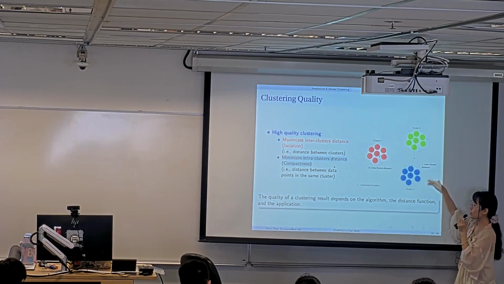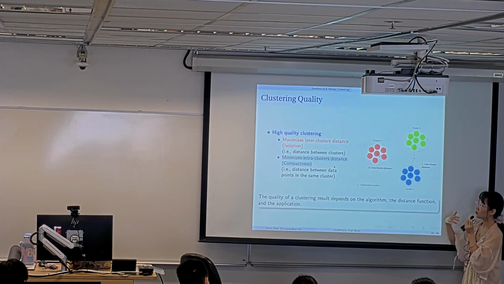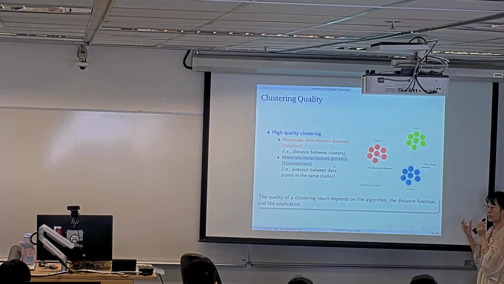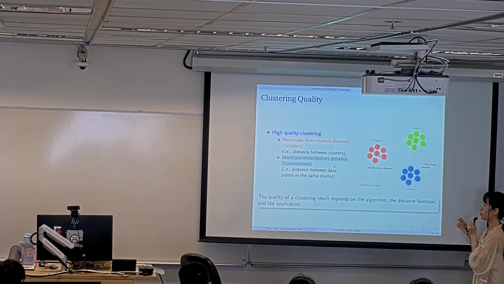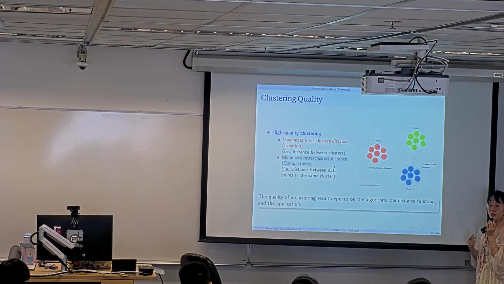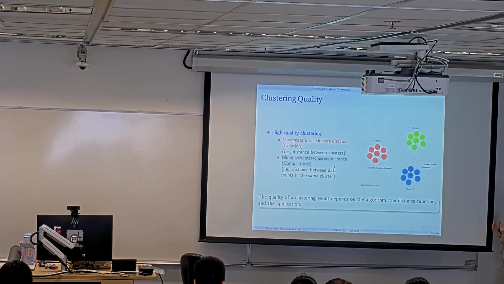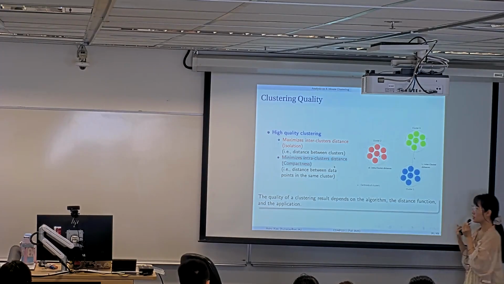So if you look at how to measure the quality of clustering, you will find that we have two goals here. The first goal, we want to make the similar data points in the same cluster. The second goal is that in the meantime we also want the dissimilar data points in different clusters. That is by maximizing the inter-cluster distance and, in the meantime, minimizing the intra-cluster distance.